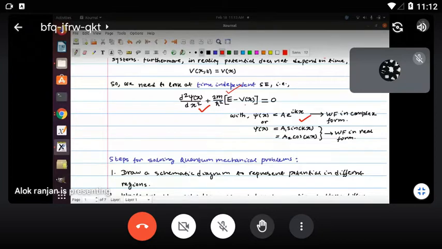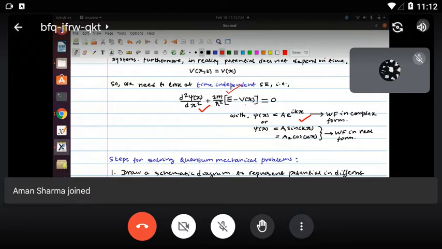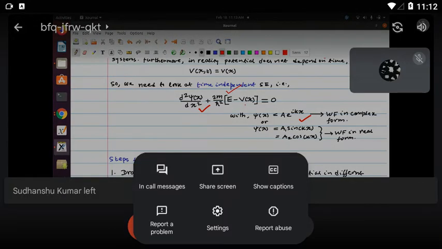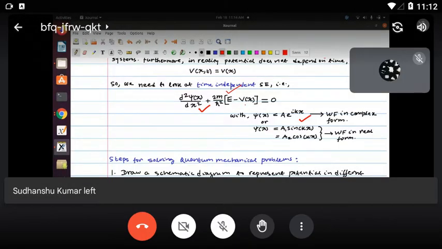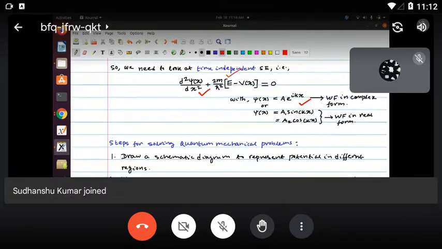It depends on whether you are working in one dimension or 3 dimensions. In one dimension, there are 2 independent variables: one is time, another is position, let's say x. If it's a 3-dimensional Schrodinger equation, then you have 4 independent variables: 3 for position, x, y, z, and 1 for time. Is it clear?